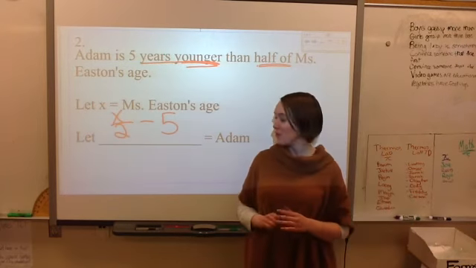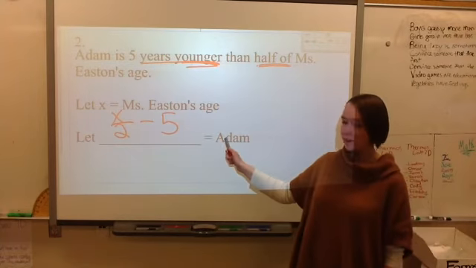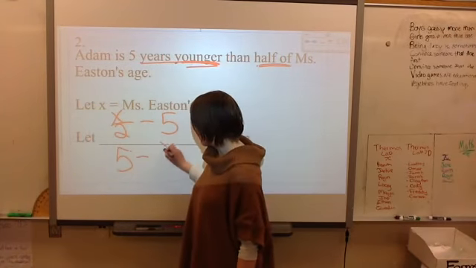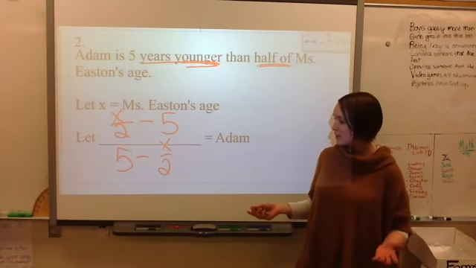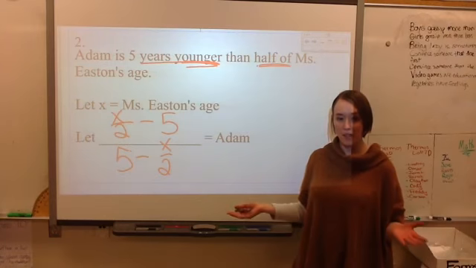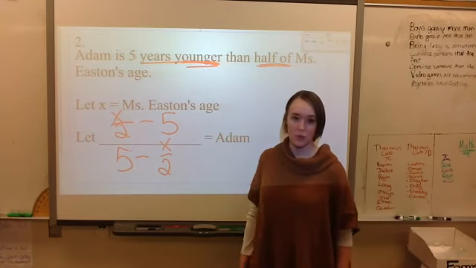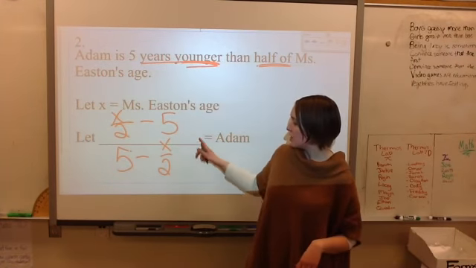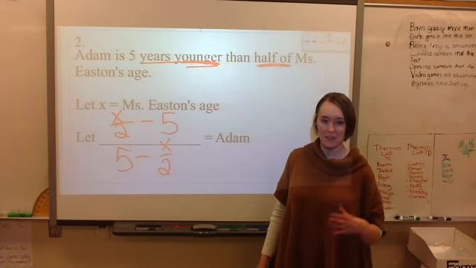So one more thing before we go. Why do you guys think that we did x over 2 subtract 5? Why couldn't it be 5 minus x divided by 2? The reason is we want to have a positive age. So if Ms. Easton's age was 42, if we did 42 divided by 2, we'd get 21.